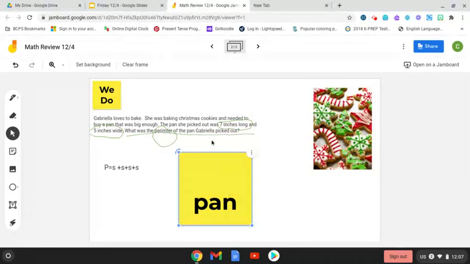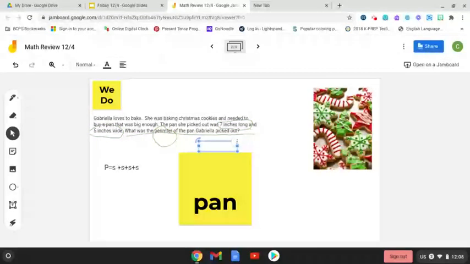Okay. So I know that there's 4 sides. So here's one text box. And here's a text box. I'll move this over a little bit. Here's one. And here's one. Okay. So let's see. It said it was 7 inches long and 5 inches wide.